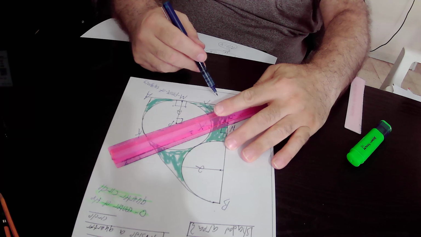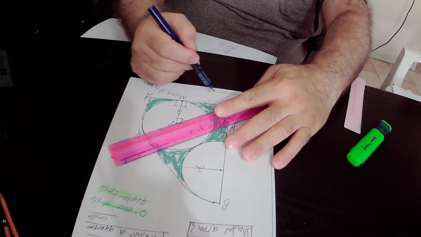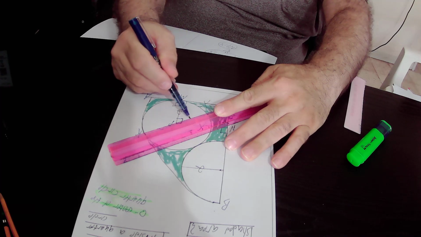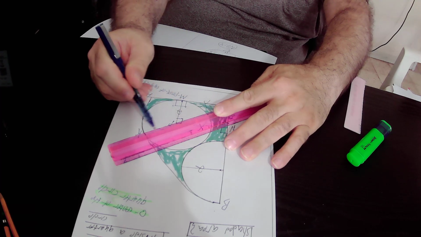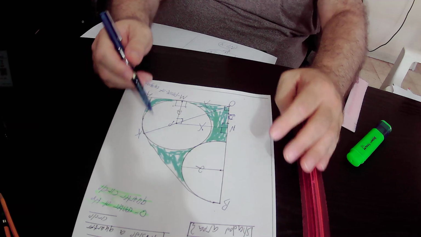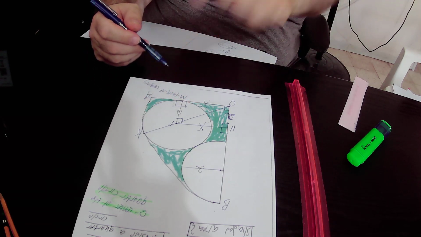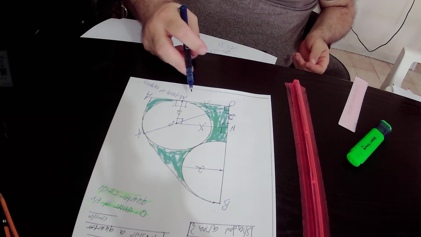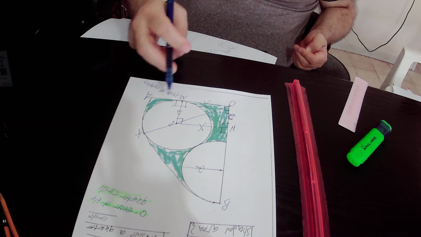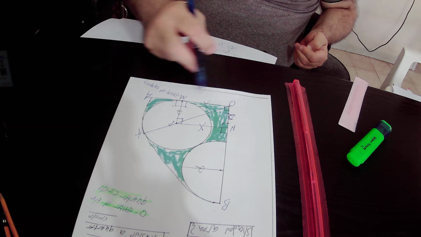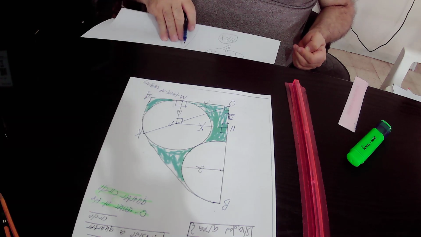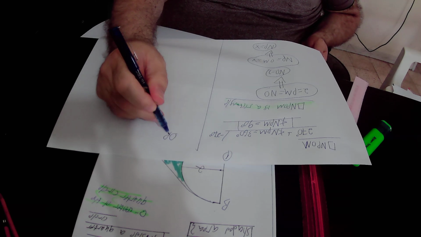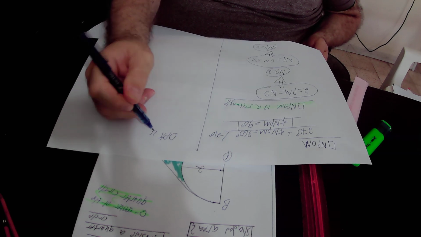And according to the rule that I mentioned, the straight line OP must pass through point K. So if OP must pass through point K, it means that OPK is one straight line.